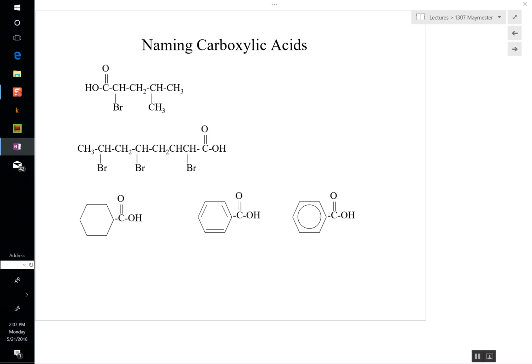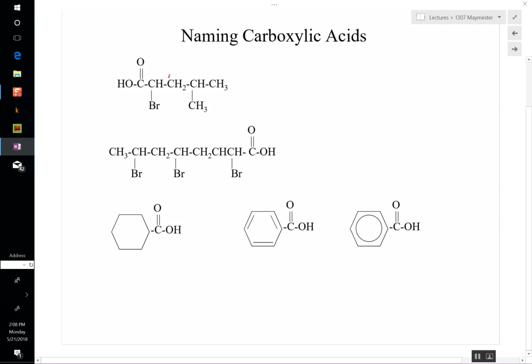What's the longest chain on the top one? Five? 1, 2, 3, 4. So pentanoic. Pentanoic acid.